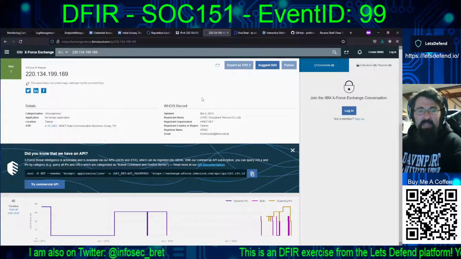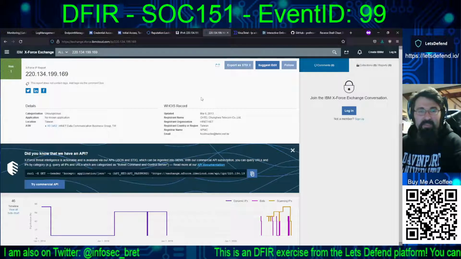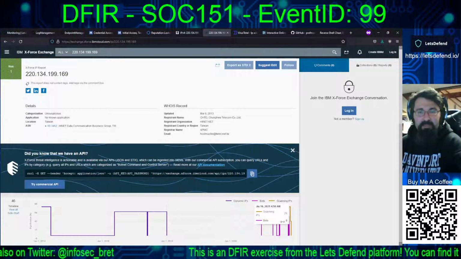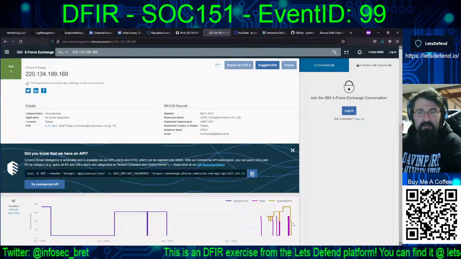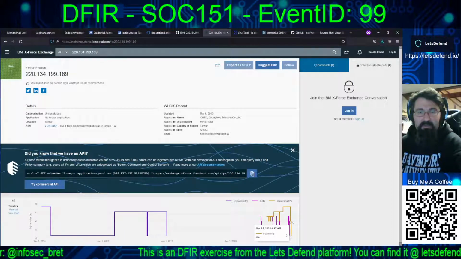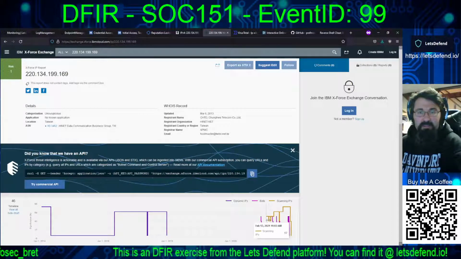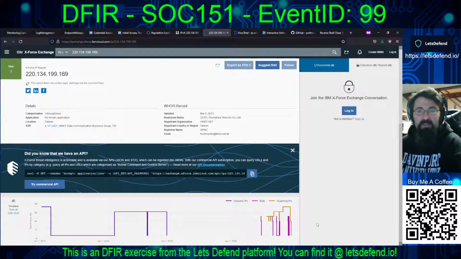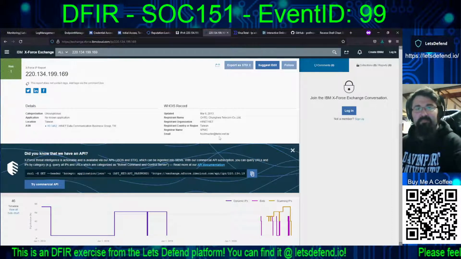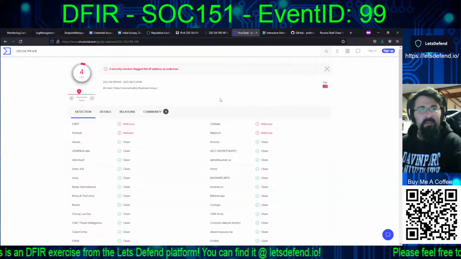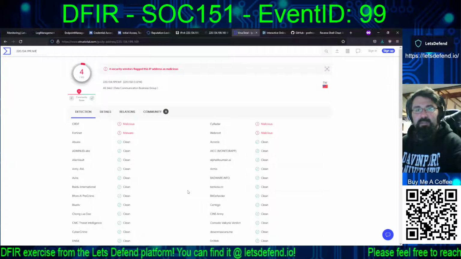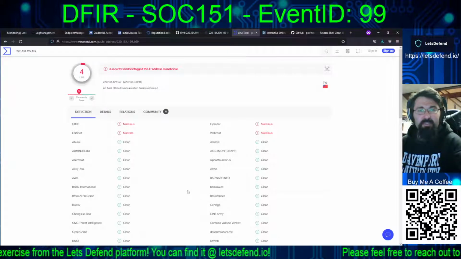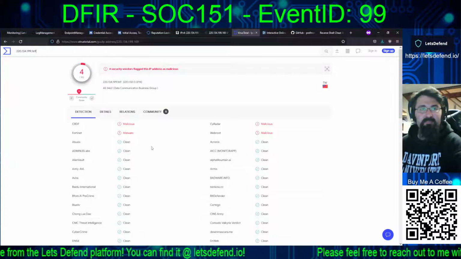Looks like it was dynamic IPs, but they did have a spike in November of 2020. Looks like most of 2020, 2021, a combination of bots and scanning IPs. And according to VirusTotal, that's 4 hits for malicious/malware.